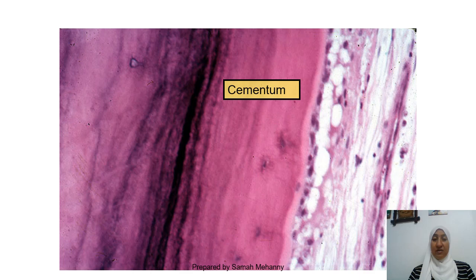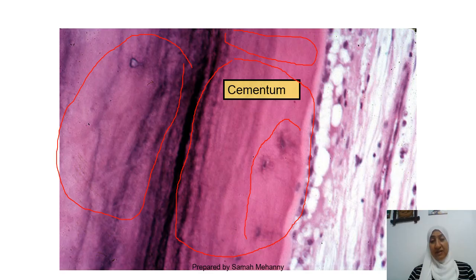This is a decalcified histological section showing the dentin. This is the dentin, and this is the covering cementum. As you see here, part of the cementum is acellular, while another part is cellular, showing entrapped cementoblasts in this matrix, thus called cementocytes.